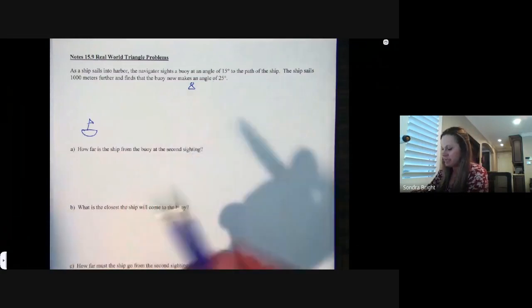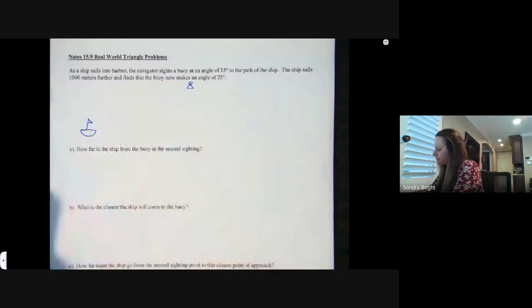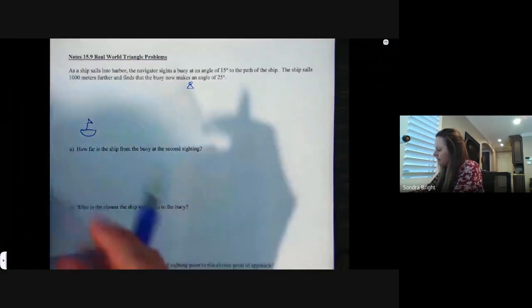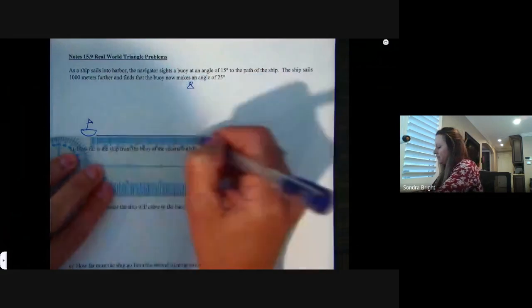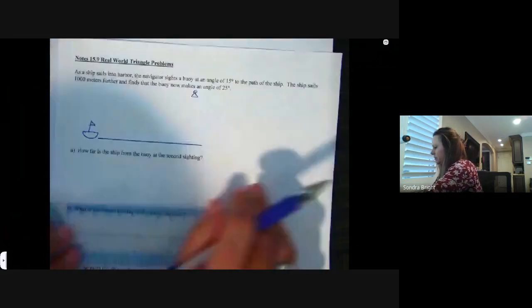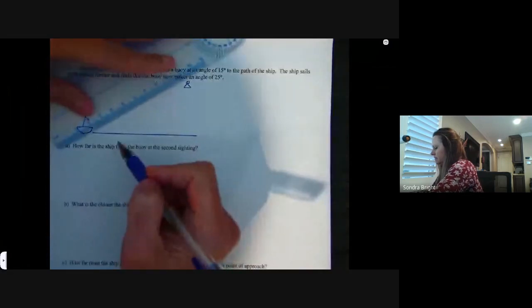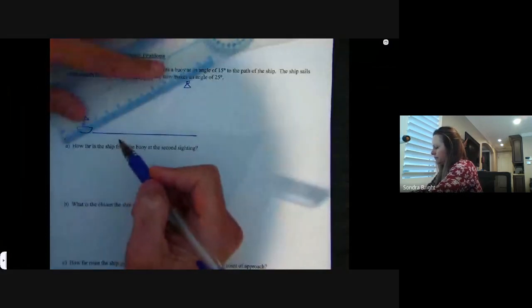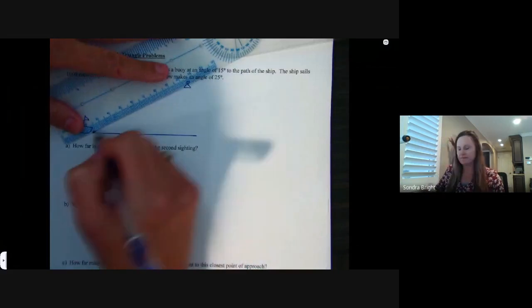So if I draw, I got my ruler today, here's the path of the ship, right? And if it's 15 degrees to the buoy, that means 15 degrees is right there to the buoy.